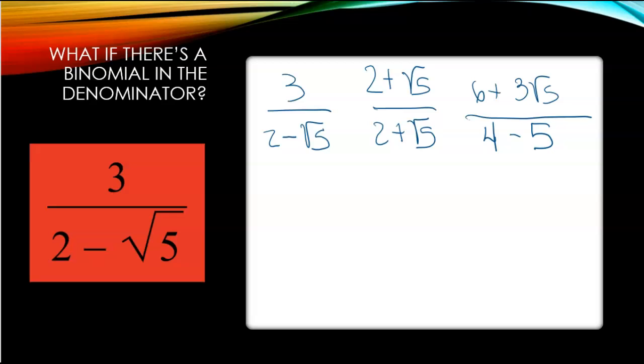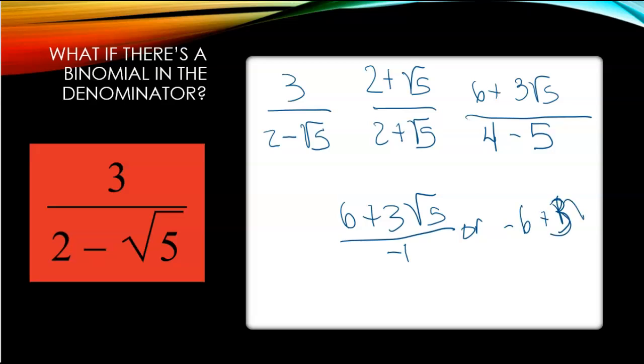What's 4 minus 5? 4 minus 5 is negative 1. So I could put 6 plus 3 square root of 5 over negative 1. Or I could just say negative 6 minus 3 square root of 5. Make sense? Ready for a little bit of practice?